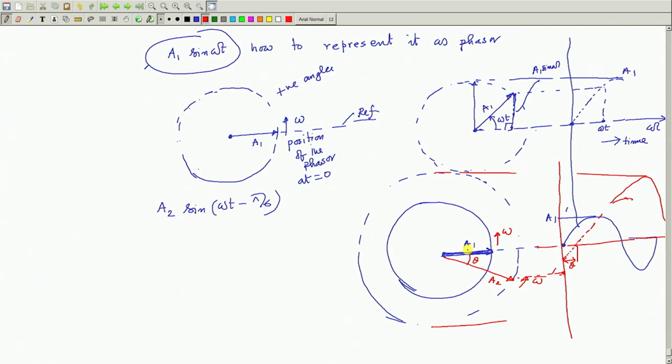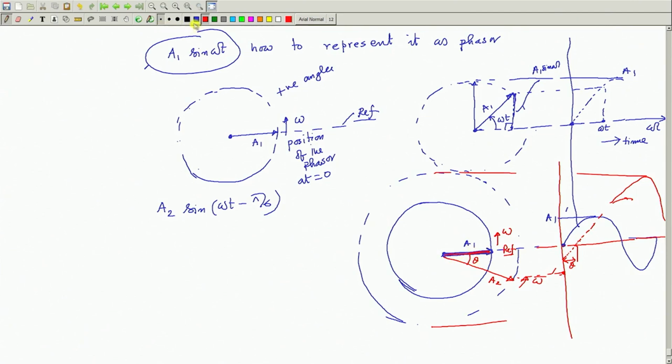Therefore, any sinusoidal quantity with any angle theta, I will be able to represent by thinking that there are fixed lengths corresponding to the peak amplitude of that sinusoidal quantity moving with speed omega, and if you call it sin omega t, you choose that as reference, and the other quantities with respect to this can just be drawn.